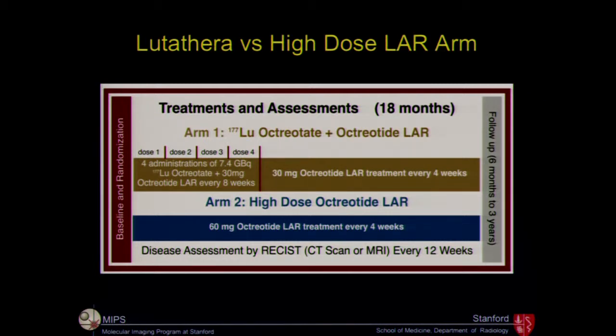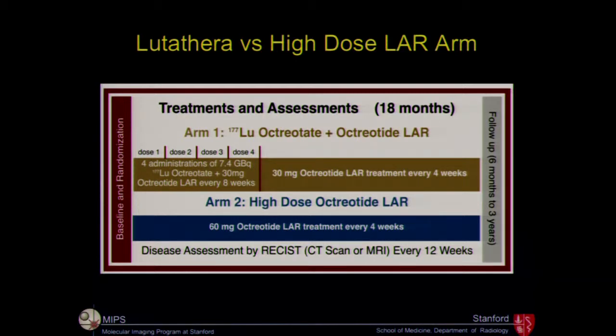So arm 1 is with the Lutathera agent, and the way it works is that you get 4 separate administrations of the Lutathera compound and 4 separate visits that occur 8 weeks plus or minus 1 week apart. In addition to that, you also get some long-acting octreotide, primarily to help with symptom control. That long-acting octreotide, which is still the lower dose of 30 milligrams, continues for several months after the Lutathera has already completed.